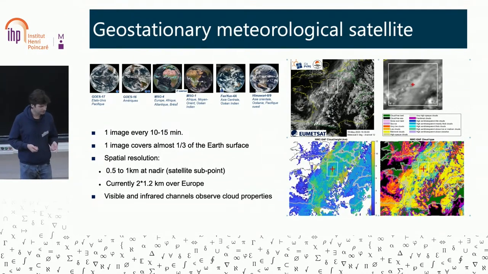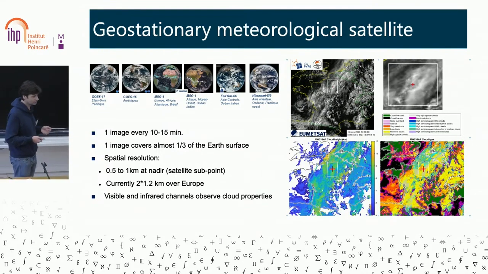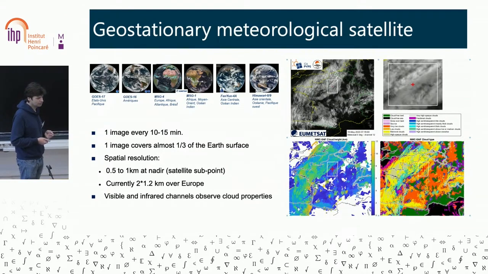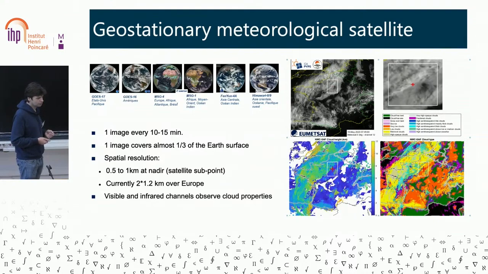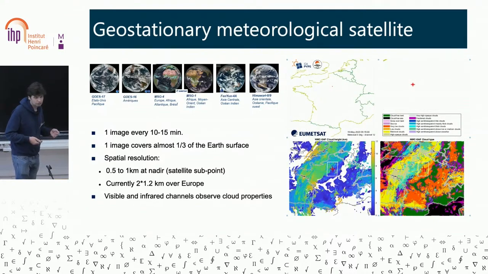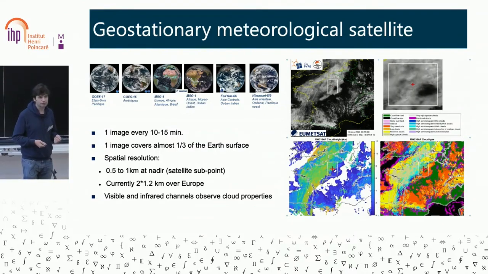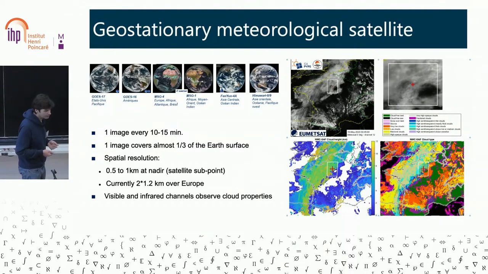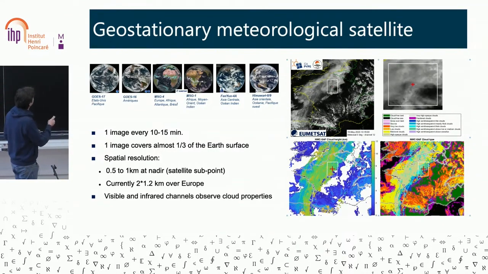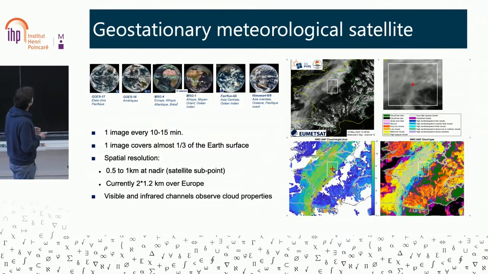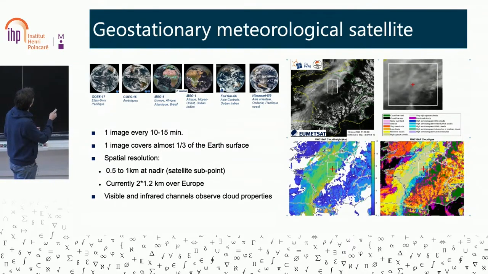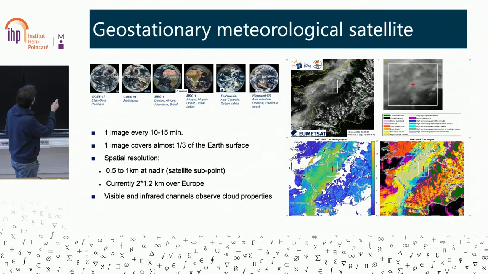So you can see an example over France. Over France, the resolution is about 1 to 2 kilometers, which is quite nice for a satellite located at 35,000 kilometers. And we can now easily get the cloud properties and distinguish the cloud type.